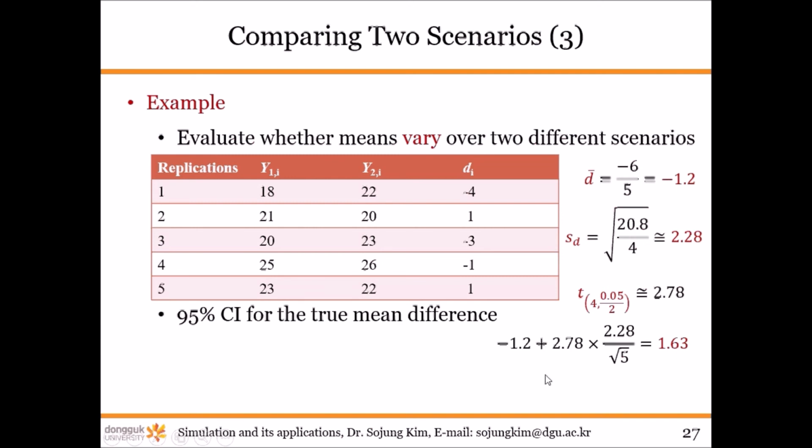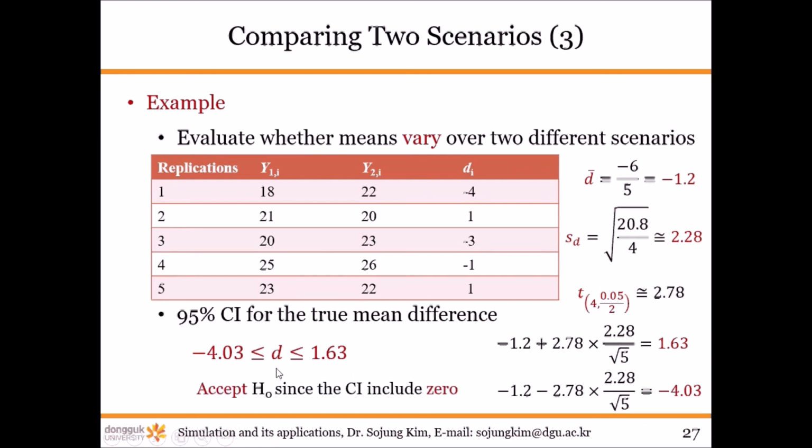Remember that, right? And then this is the upper bound, and this is the lower bound of the confidence interval, right? So this interval includes 0, which means the difference can be 0.